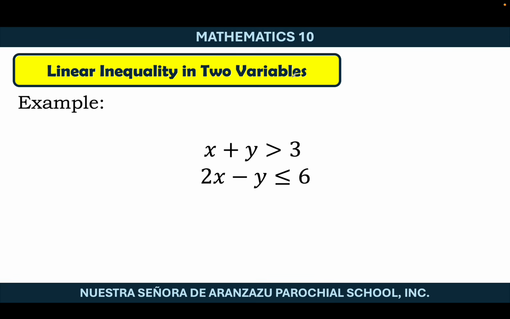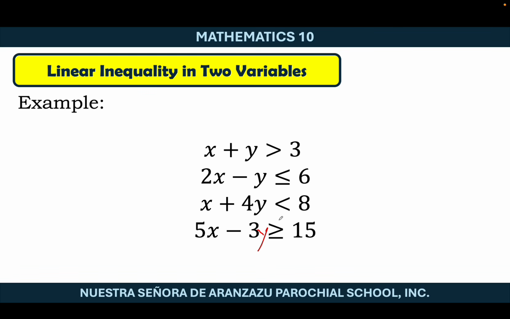Next is 2x minus y less than or equal to 6. Same again: two variables x and y, with the inequality symbol less than or equal to. Then x plus 4y less than 8, and 5x minus 3y greater than or equal to 15.